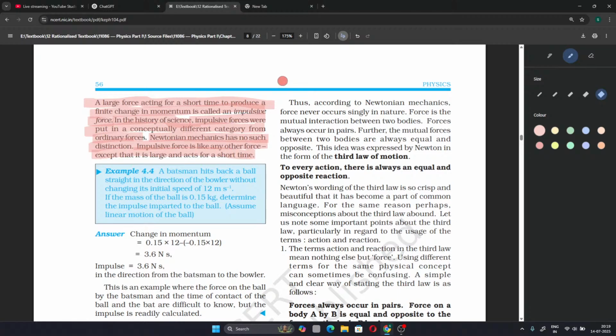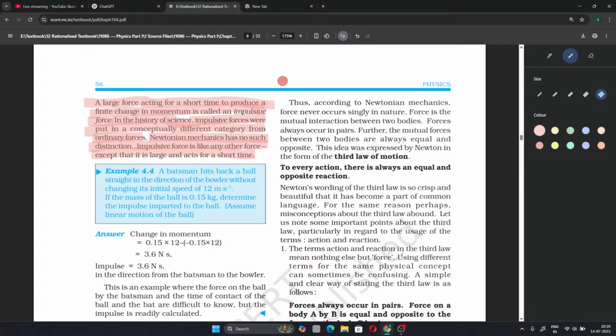Basically, in earlier times, they separated the force of hitting a volleyball, where we instantaneously apply a force when smashing the ball, from the force of continuously pulling or pushing a shopping cart.